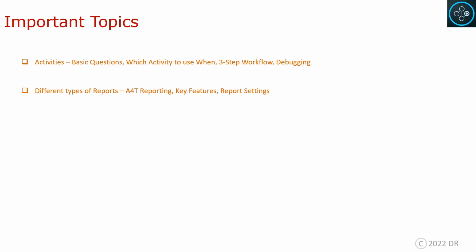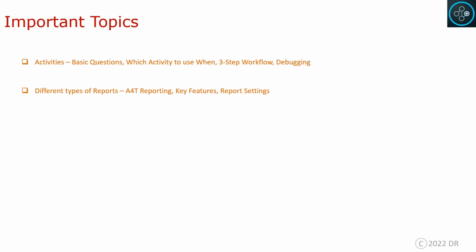Then you should also be aware of the different report settings. Like in the third step of the workflow, you can set up audiences for reporting, right? So all those different options you should be aware of. You should be aware of the Target reporting interface, right? You can do reporting in Adobe Analytics, or you could do reporting in Adobe Target. So you should know how you select the reporting source as Adobe Target or Adobe Analytics, right?